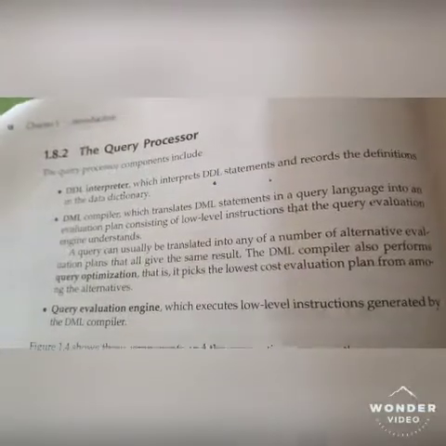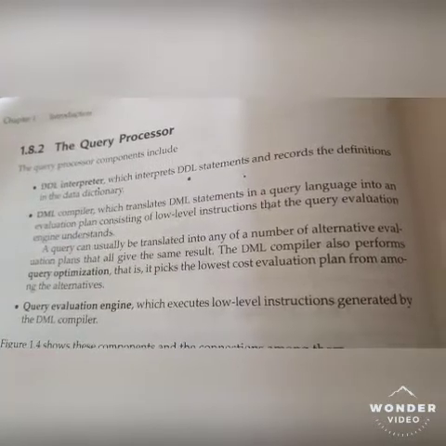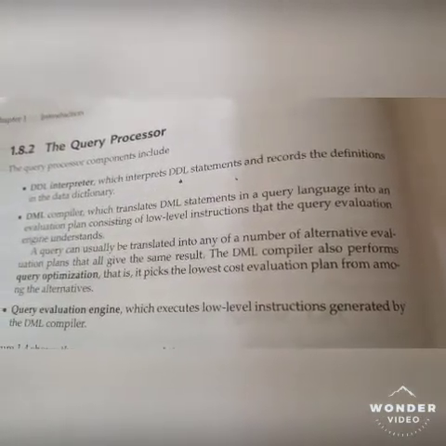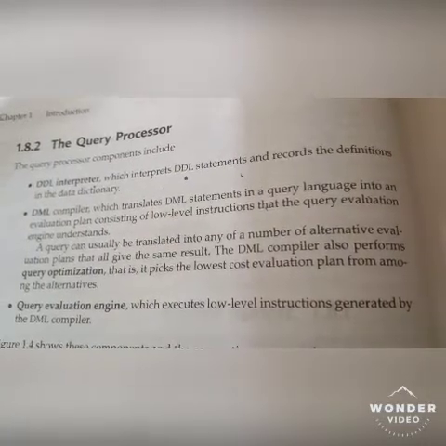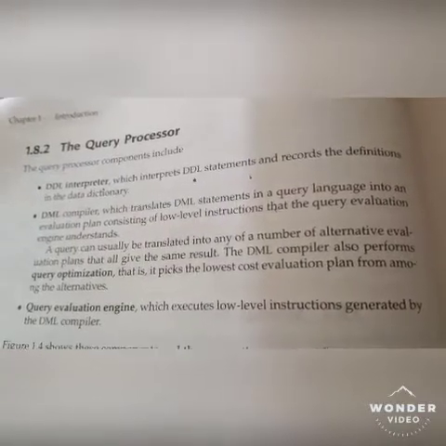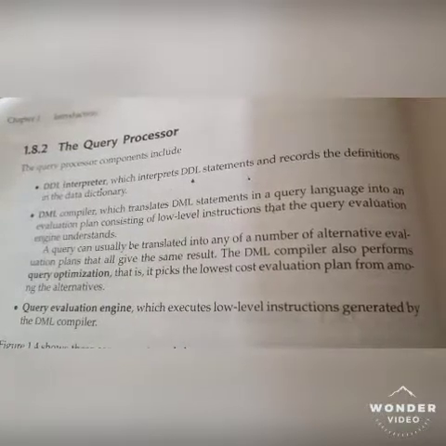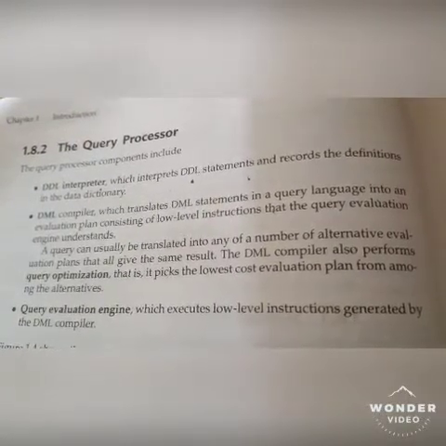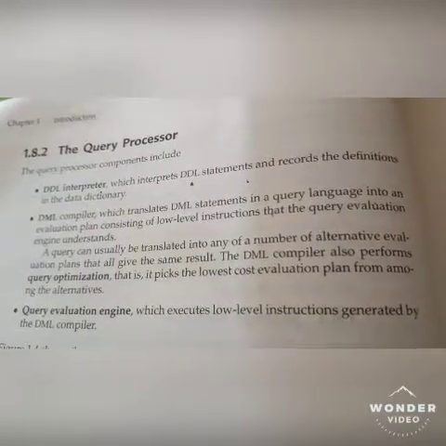Query processor components include DDL interpreter, DML compiler and query evaluation engine. DDL interpreter, which interprets DDL statements and records the definition in the data dictionary. DML compiler, which translates DML statements in a query language into an evaluation plan consisting of low-level instructions that the query evaluation engine understands.